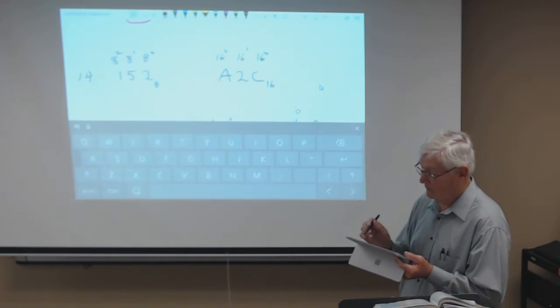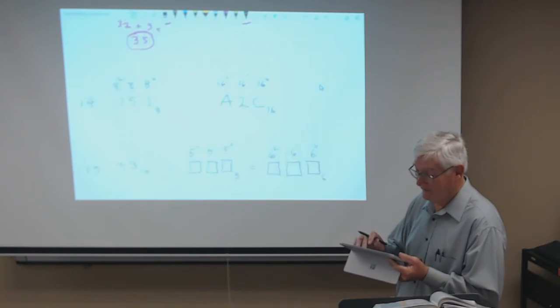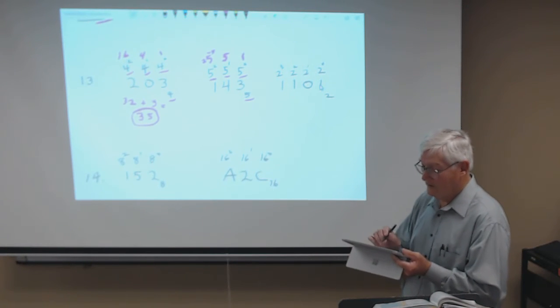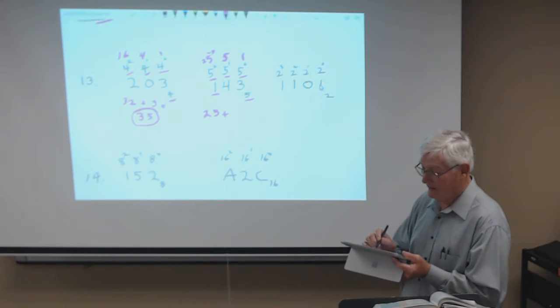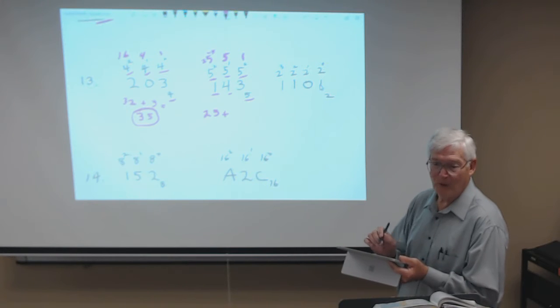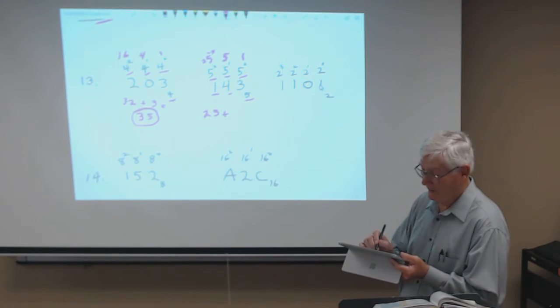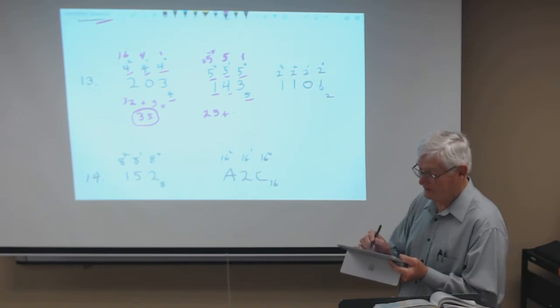So now what do I have? I have 125. You with me? Plus what? 4 5's. What would 4 5's be? 20. Plus 3 1's. What would that be? So what's 25, 20, and 3 add up to? There you go.